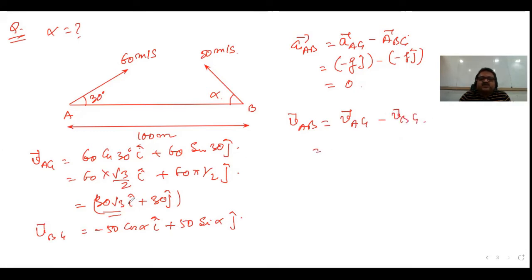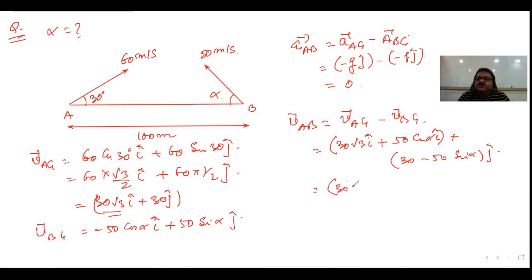And if I do the calculation, 30 root 3 i cap plus 50 cos alpha i cap, and this is equal to plus (30 minus 50 sin alpha) j cap. Okay. Now, as I told you earlier, write it in separate format.